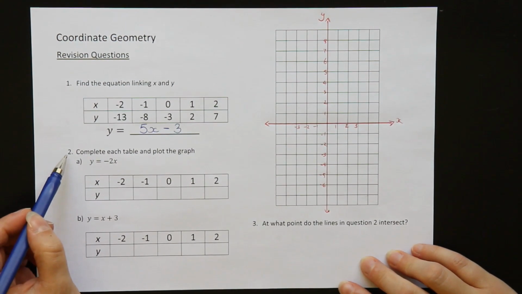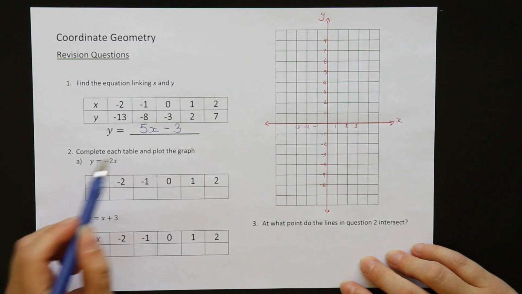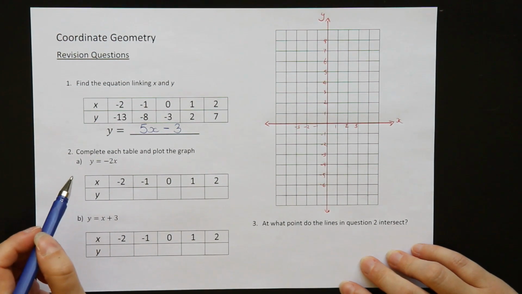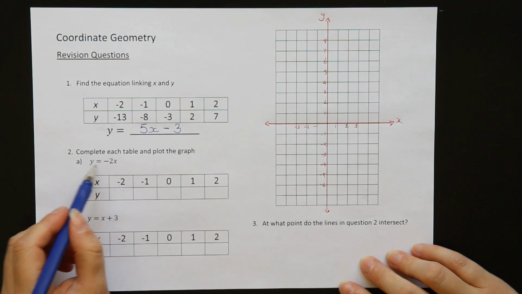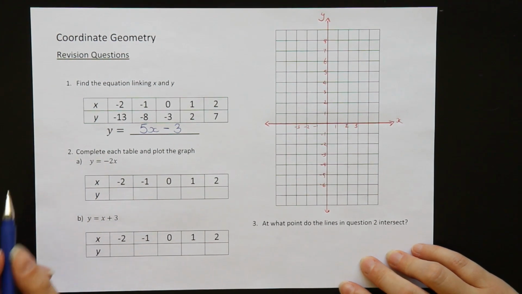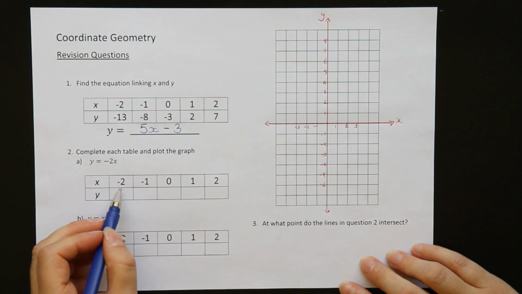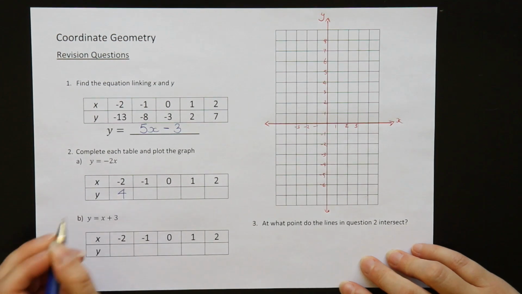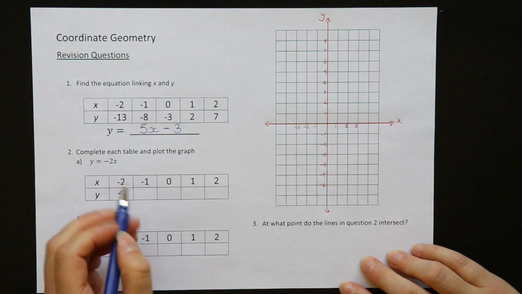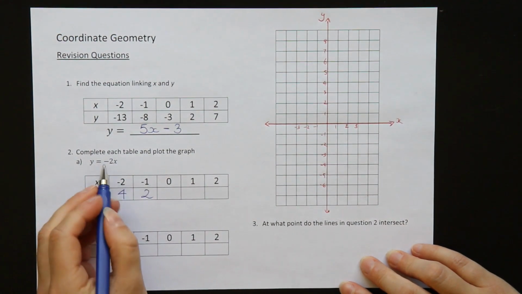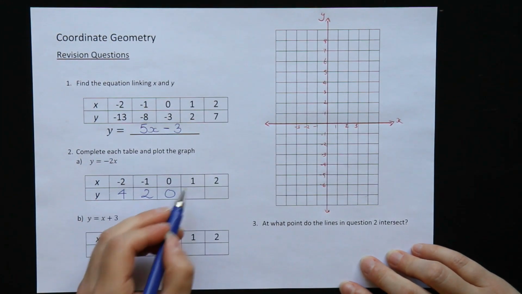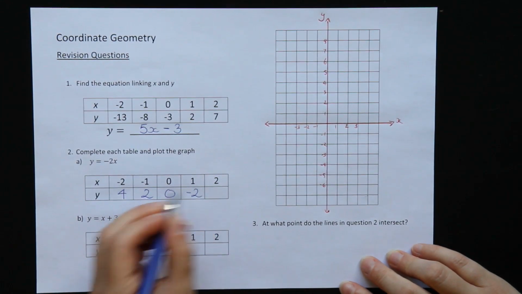Okay, let's move on to question 2. Complete each table and plot the graph. First of all, we have y is equal to negative 2x. This is a linear graph, one of our linear ones from the beginning of the topic. Let's sub in our values. Negative 2 times negative 2 will make a positive 4. Negative 2 times negative 1 will make a positive 2. Negative 2 times 0 is 0. Negative 2 times 1 is negative 2.